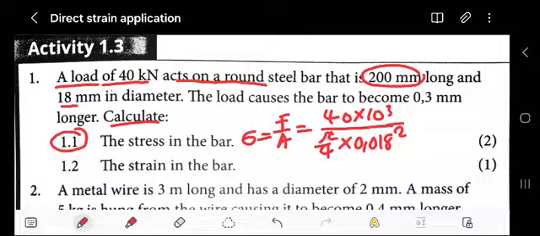40 times 10 to the power of 3 divided by pi over 4 into 0.018 squared.